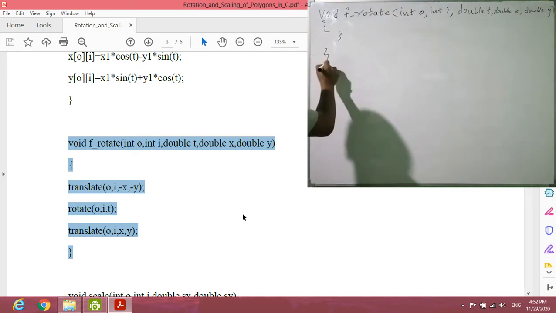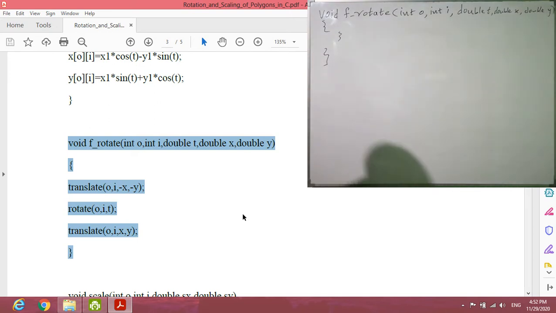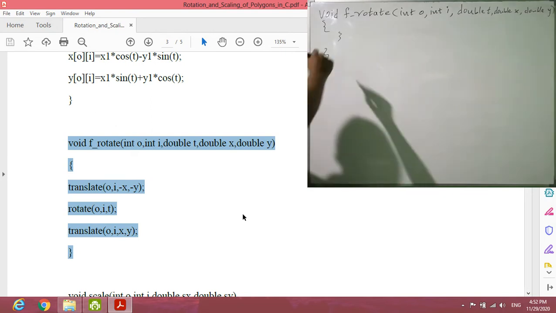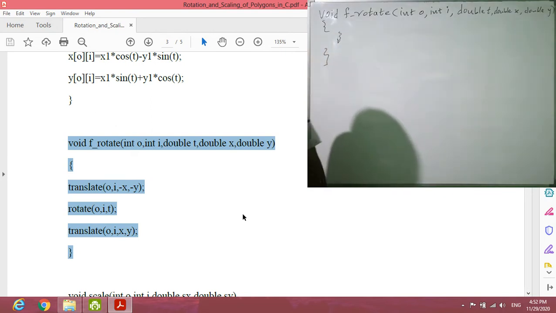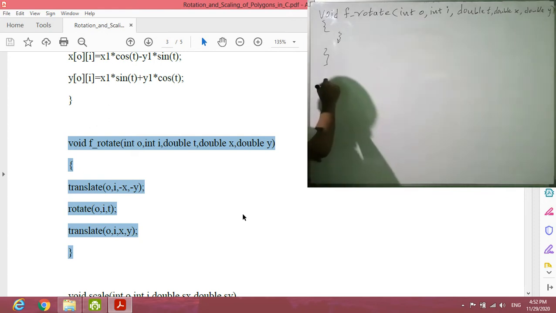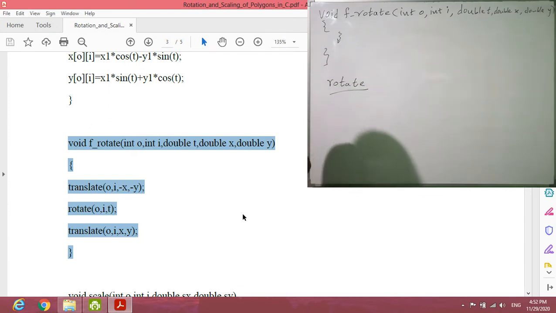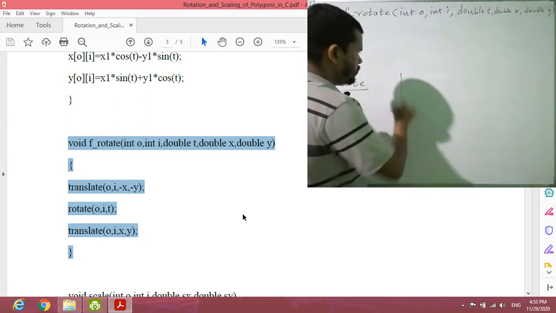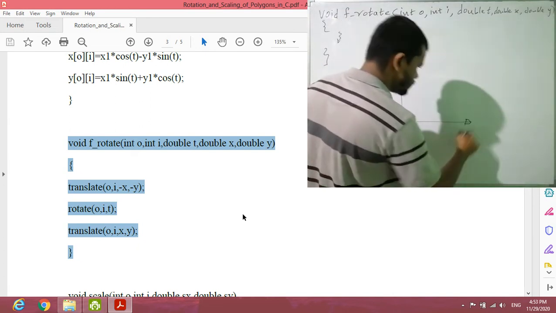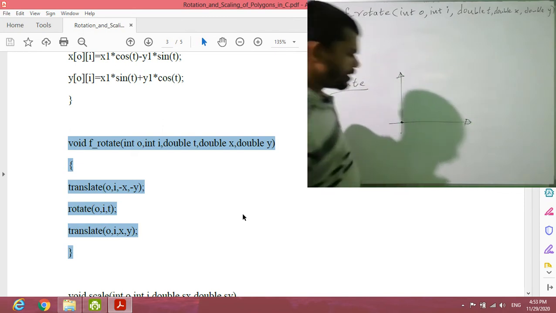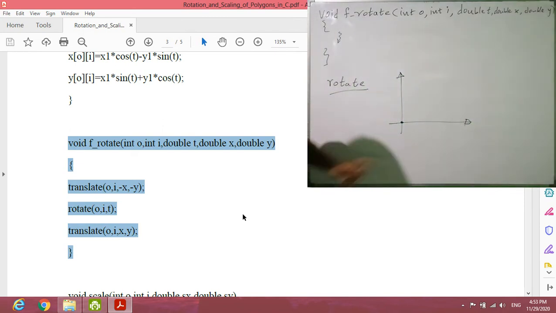Body goes here. Now if you look at the rotate function I discussed previously, there we rotated the point around the origin.